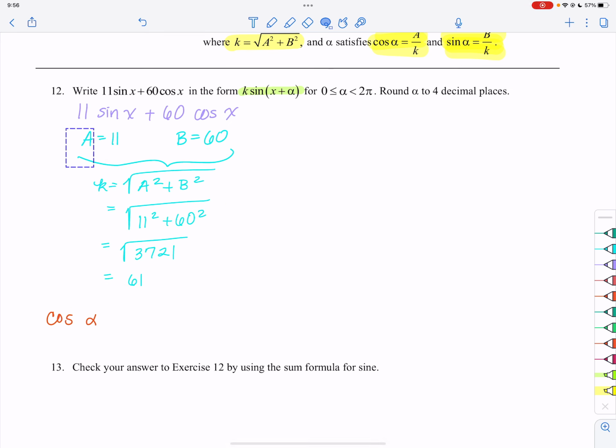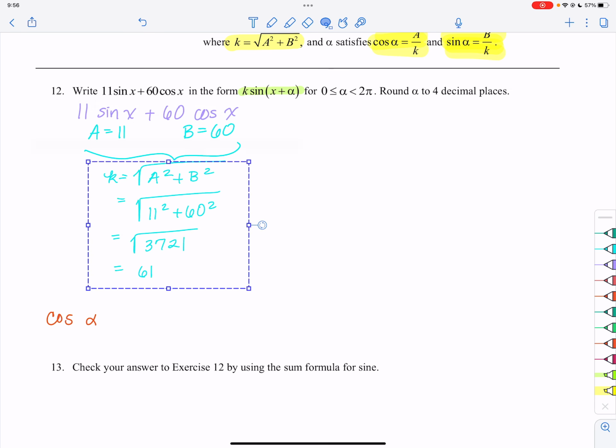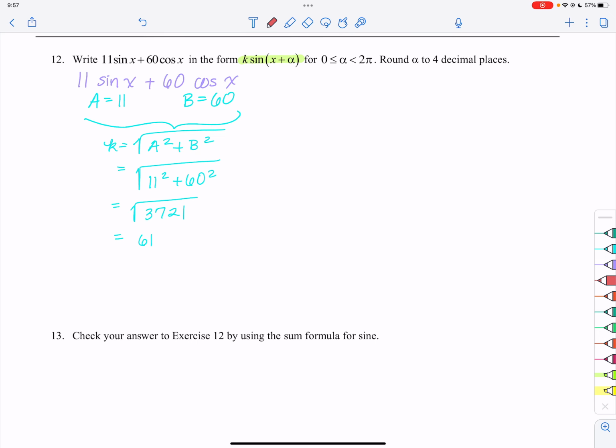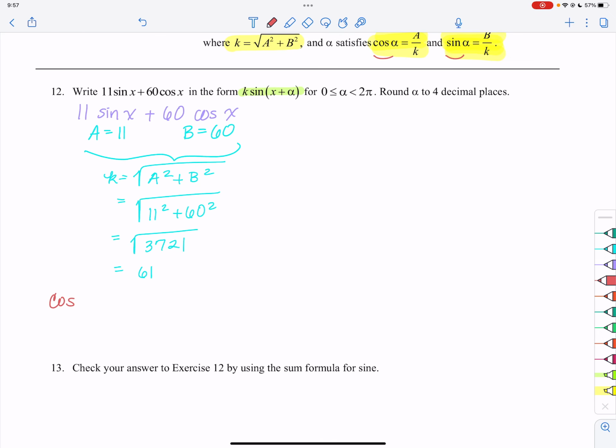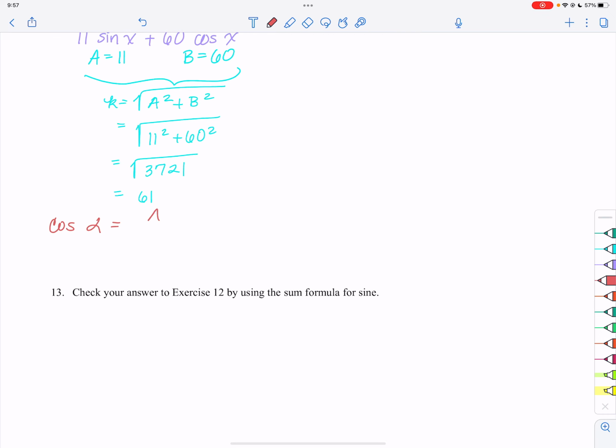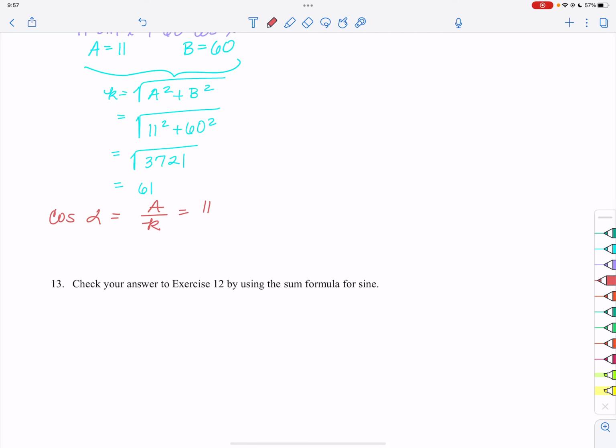Okay, so we're going to come up with the cosine of alpha and the sine of alpha, okay? So we'll have the cosine of alpha is equal to, as you can see, A over K, and that's going to be 11 over 61. And the sine of alpha is B over K, and that's equal to 60 over 61.